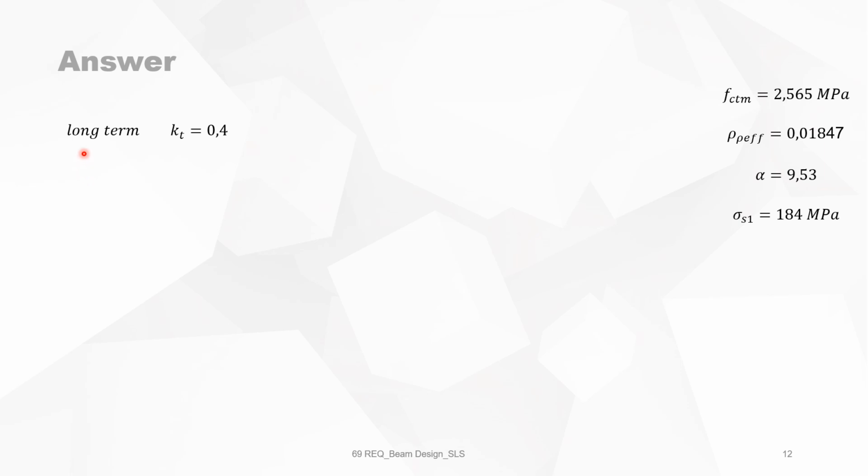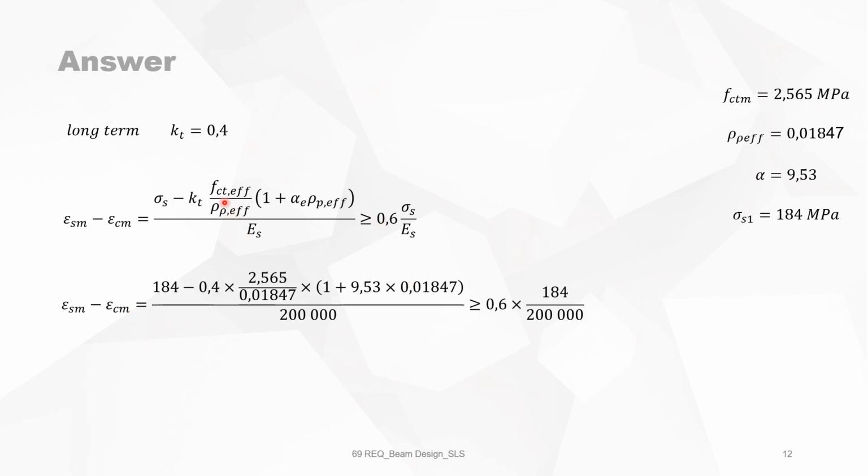Crack width is a long-term calculation, so the factor KT is 0.4. Delta epsilon, which is the difference in strain between the mean value of the steel strain minus the mean value of the concrete strain, is equal to this formula and must always be bigger than this value.